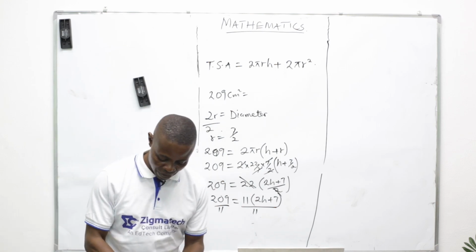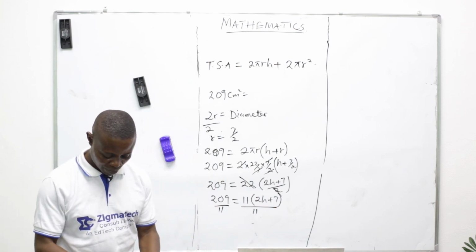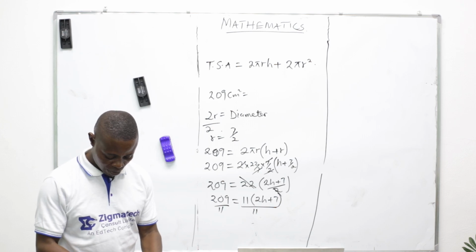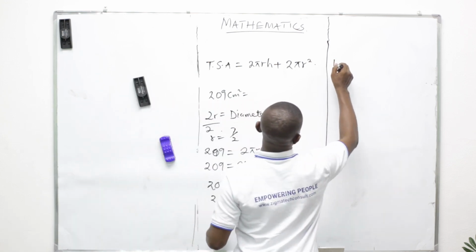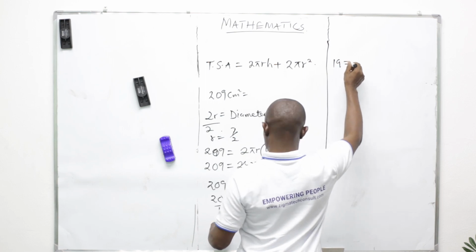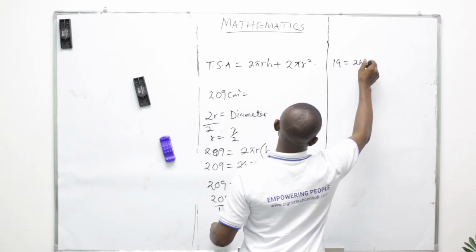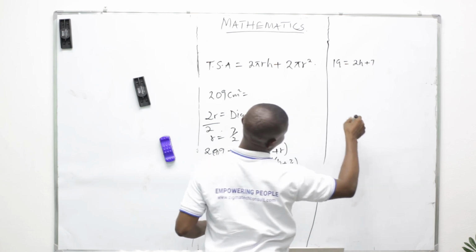When you do this, you're going to have 209 divided by 11. 209 all over 11 is going to give us 19 equals 2h plus 7.